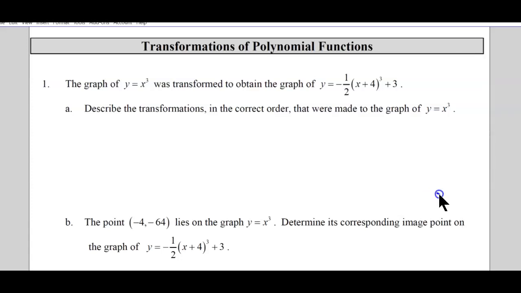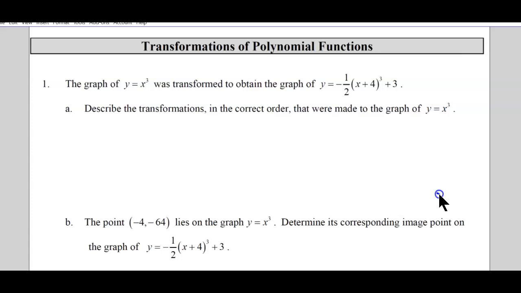So in this one here, it says we've got a cubic. It was transformed to get the graph of that function. Describe the transformations in the correct order that were made on y equals x cubed. So this is in terms of x, it's not in function notation, right?